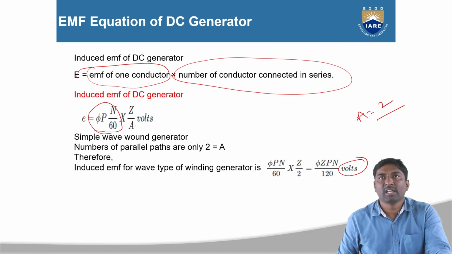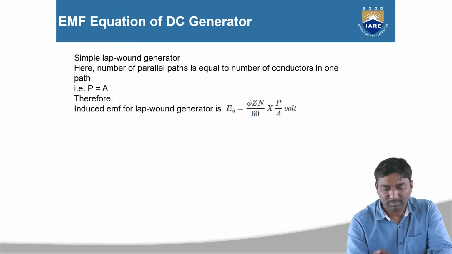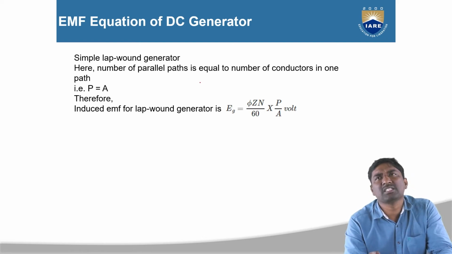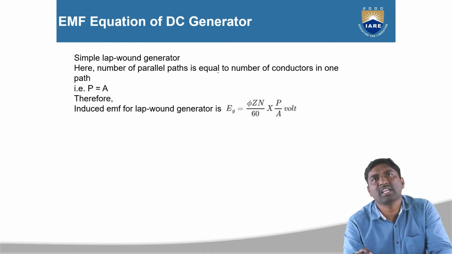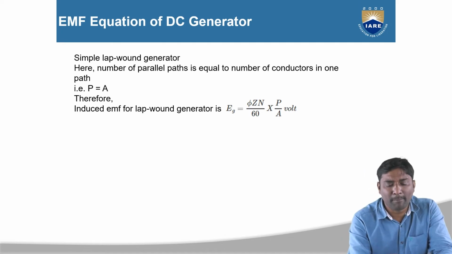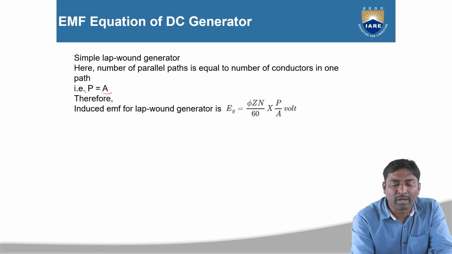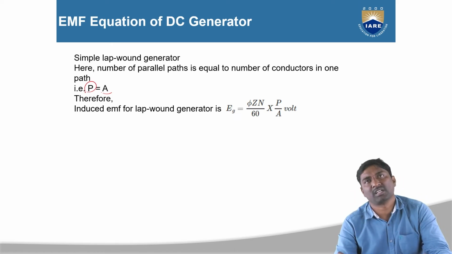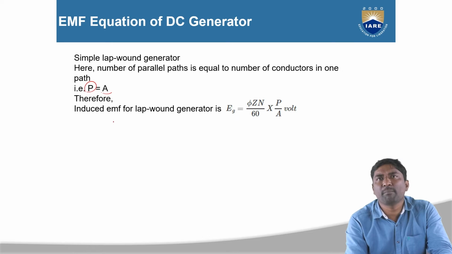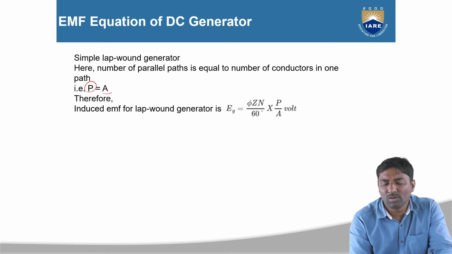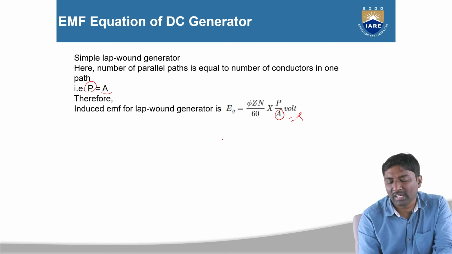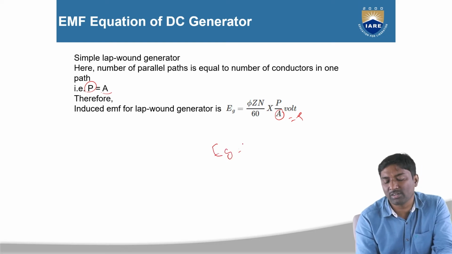Similarly, in the case of lap winding, the number of parallel paths is equal to the number of poles of the DC machine. Therefore, the induced EMF for a lap wound generator Eg is equal to φZN divided by 60 into P by A, where A is equal to P. Substituting, the P by P cancels, and I get φZN divided by 60.